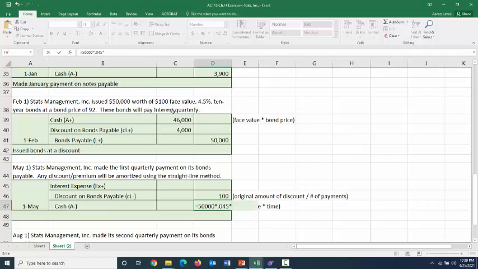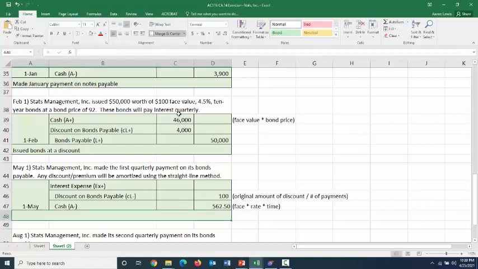In time, this is a quarterly payment, which means that 4.5% is for the year, but since it's quarterly, we're only going to pay a quarter of that. Let's multiply by the portion of time that's going to pass until we have to make our next payment, which is the next 3 months, so 3 out of 12. And when we multiply that out, we come out with $562.50. That is the amount of cash that we are going to pay in interest payments to our bond holders.